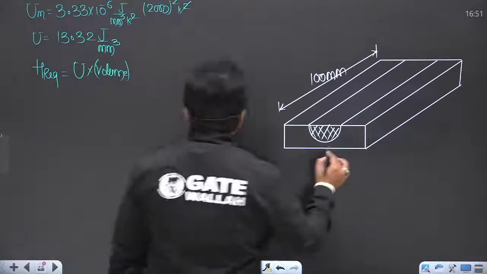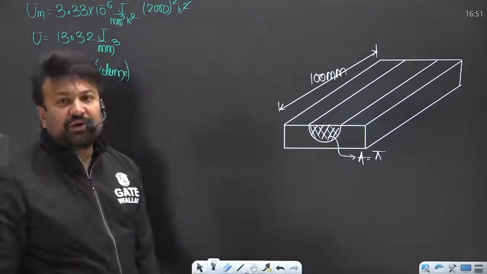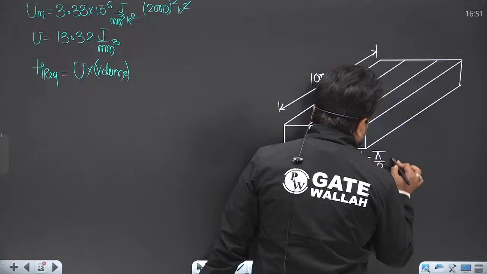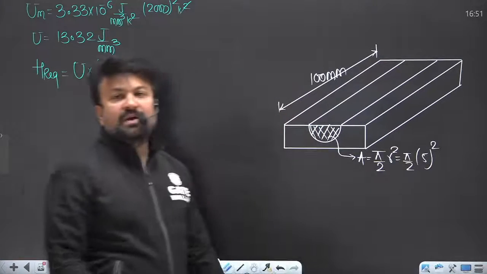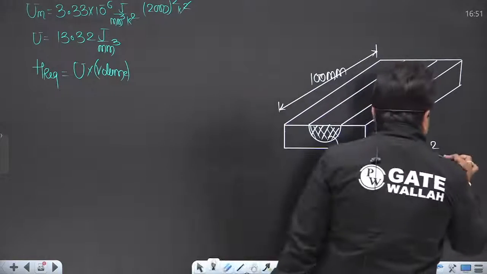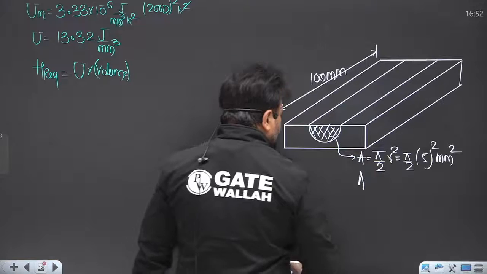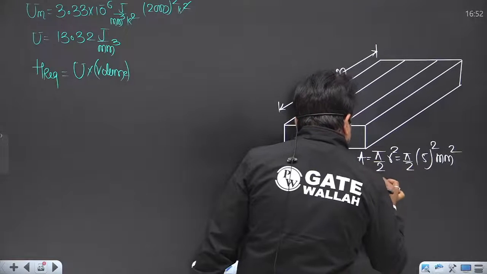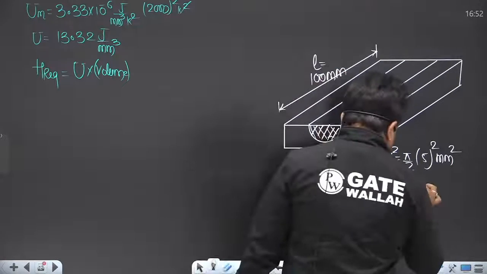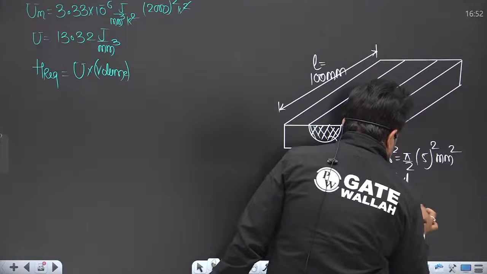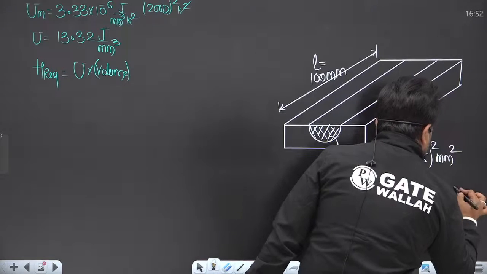The cross-sectional area is pi by 2 r square, so pi by 2 into 5 square, in mm square. This is the area. Now what will be the volume? The volume of the weld pool is area into length, that is 5 square into 100 mm cube. This is the volume.